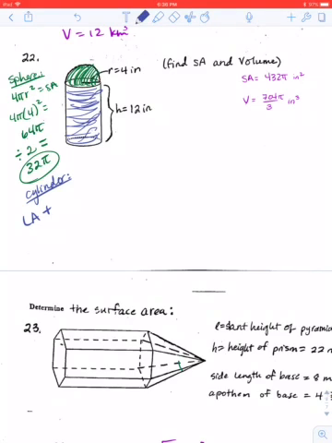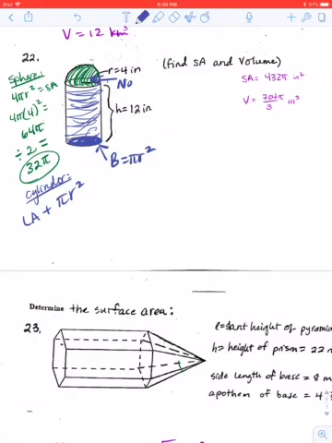And then instead of adding both of the bases, I only want the base at the bottom, not this one, because that's inside of the figure. So that is one of the bases, which since it's a circle is going to be pi r squared.